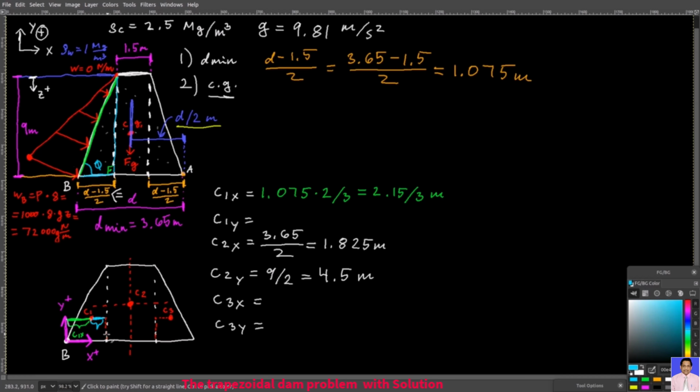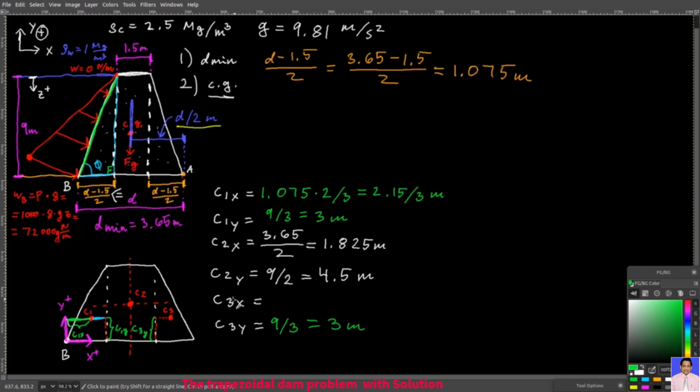This distance here, that's 1.075 over 3 meters. And now you know that from the total height of the dam, vertically, C1 is at 1/3 of the height. So 9 over 3, that's 3 meters. So it's this one here, C1y. And in fact, it's also your C3y. That's also 9 over 3 equals 3 meters.